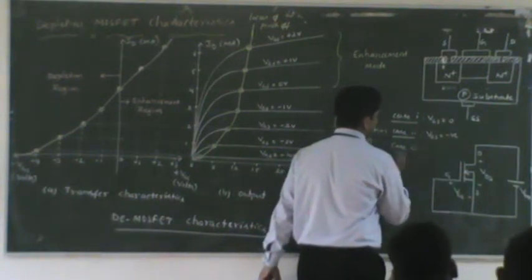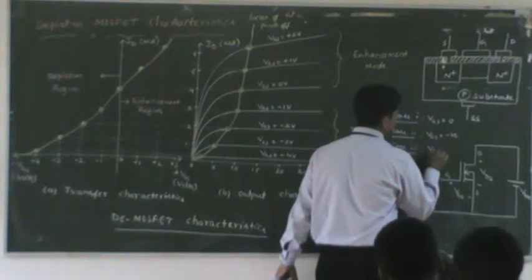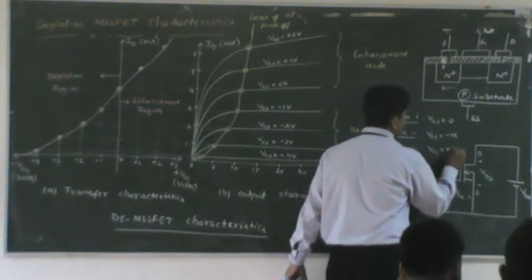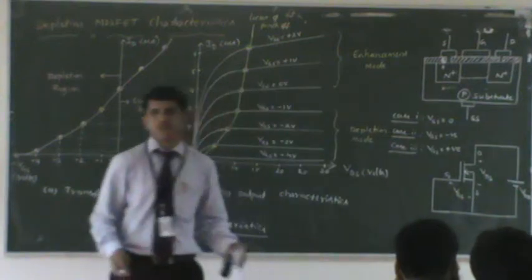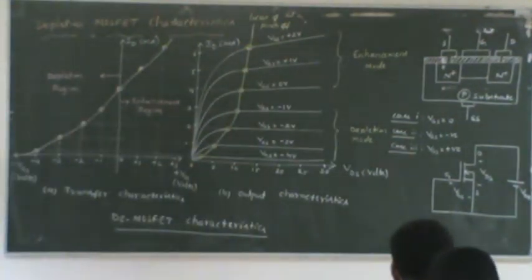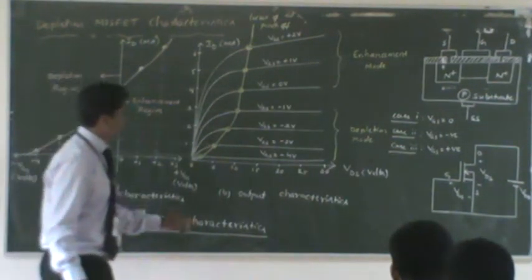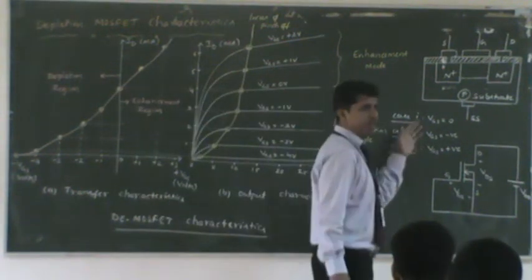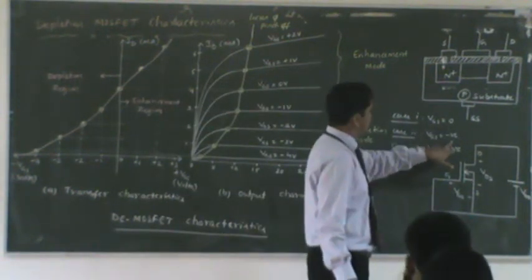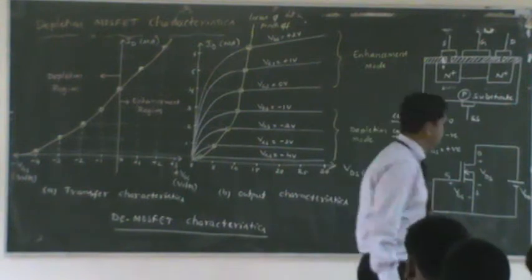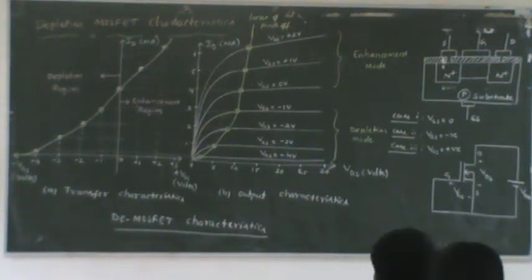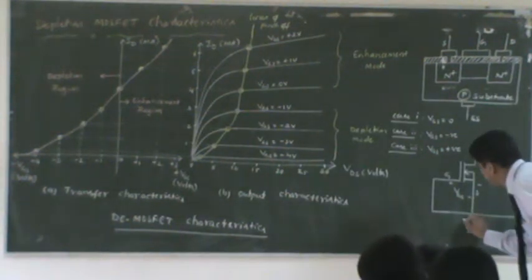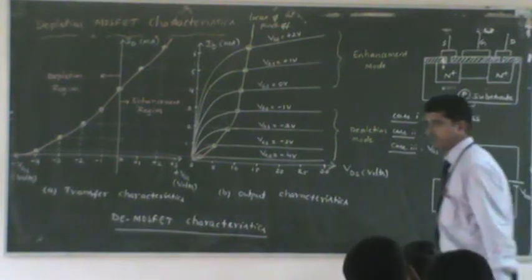Lastly, we have a third case where we are going to consider VGS as some positive voltage. That means the operation of the N-channel depletion MOSFET can be categorized into three different cases: VGS as 0, VGS as negative, VGS as positive. And the circuit connection is essential. Of course, don't forget to ground it.